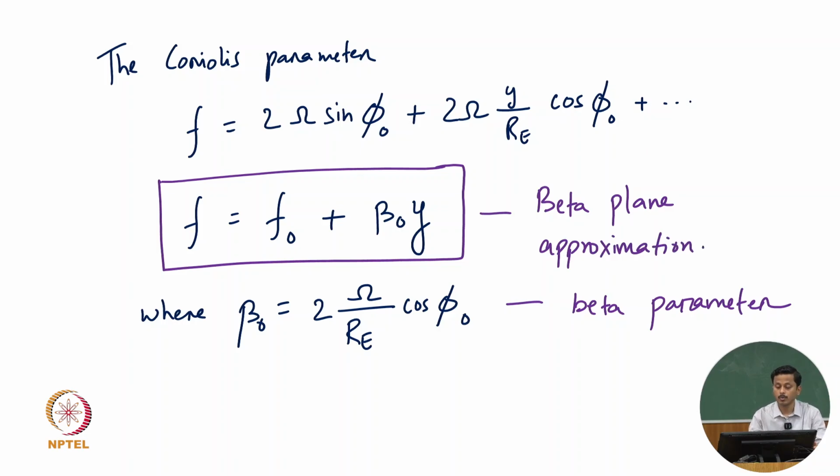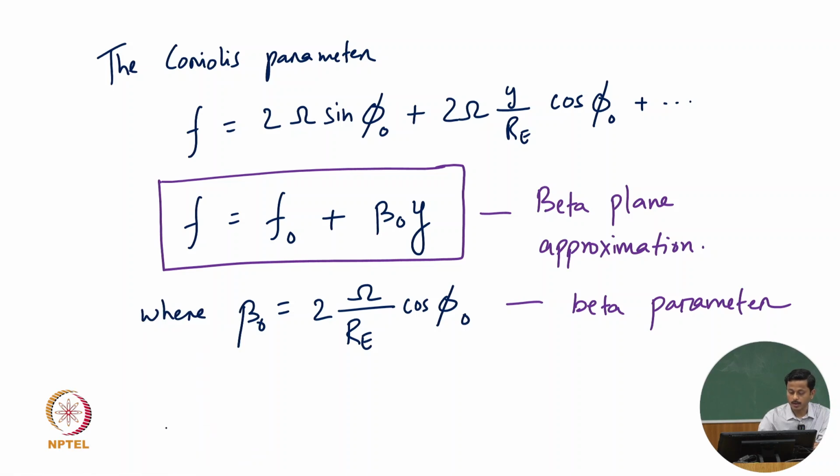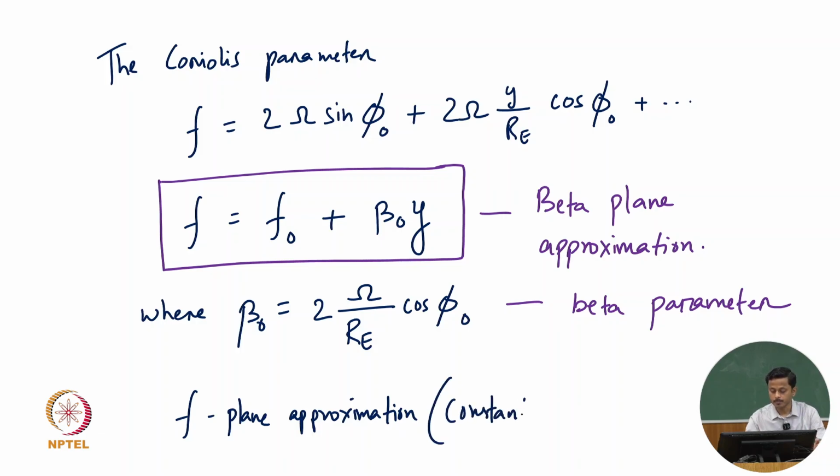If we do not take into account the variation of f with latitude, and that is what we have been doing till now in this whole course, that assumption or that formulation is called an f plane approximation. So f plane approximation is what we have been dealing with till now, that is constant f, but in beta plane we include the effect of the variation of the Coriolis parameter with distance from a certain reference latitude.